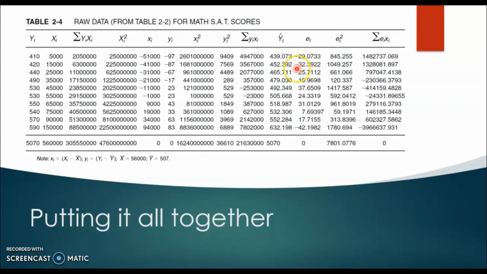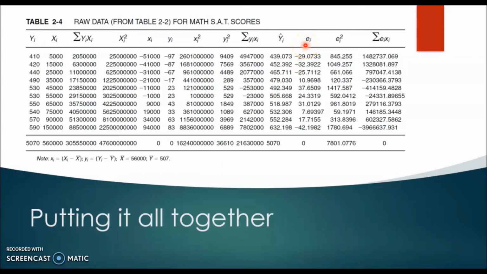You repeat the same process for the second observation in order to get its residual. Remember, if we are referring to a sample, we use the term residual. If we are referring to the population, we use the term error term. In the population, the error term is represented by the symbol mu, while in the sample, the residual is represented by the symbol e.